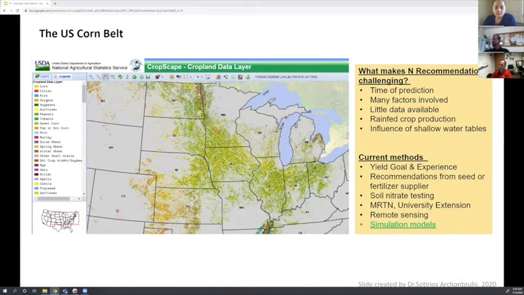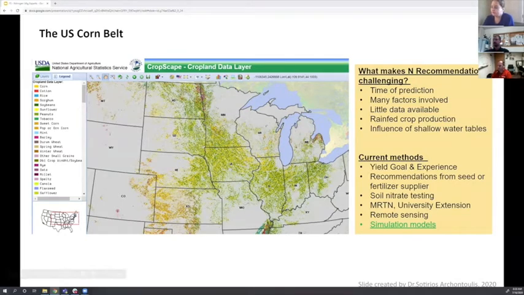My extension focus is to disseminate information from models or experimental data to stakeholders via decision support tools. In my lab, we are using simulation modeling and APSIM in particular to help us address this complex problem. And we also collect experimental data to verify and further improve the model.